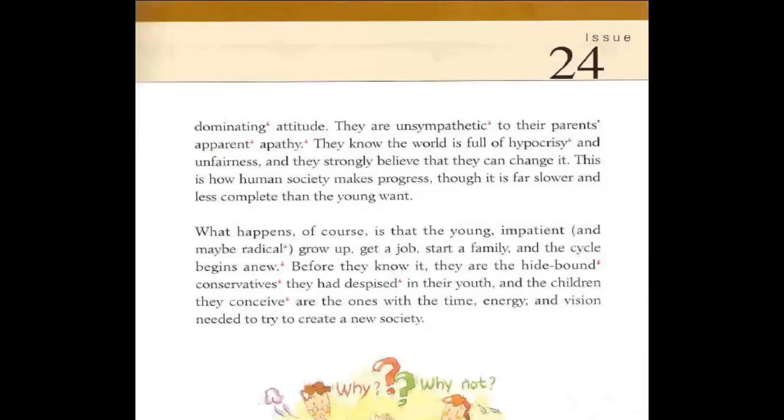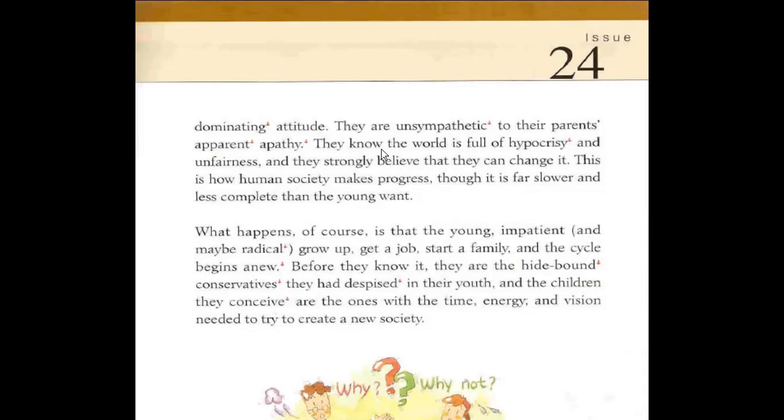Continue, please. Dominating attitude. They are sympathetic to their parents' apparent apathy.